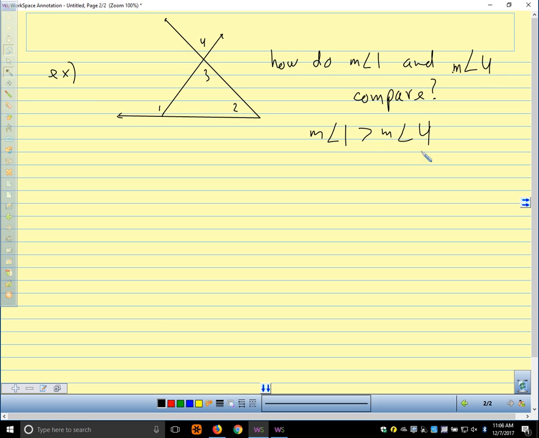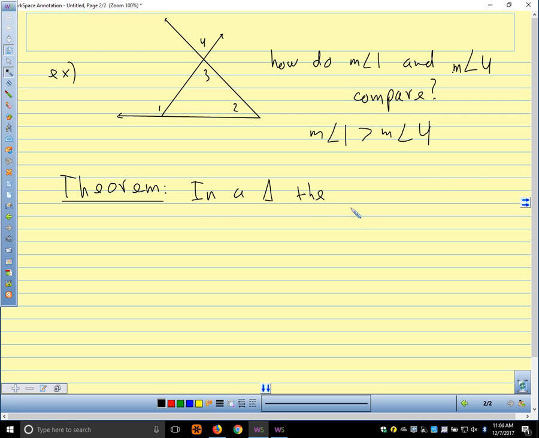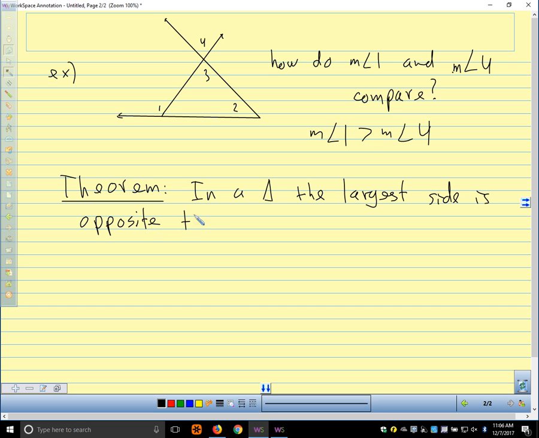All right, questions on that example? Pretty easy idea. Our next theorem, another pretty easy idea. In a triangle, this doesn't have any special name. In a triangle, the largest side is opposite, and opposite just means across from, the largest angle.